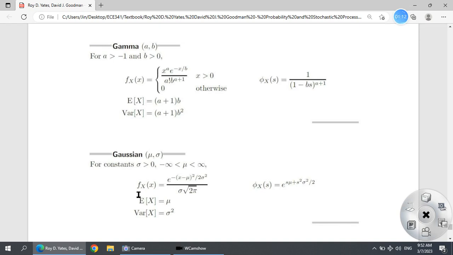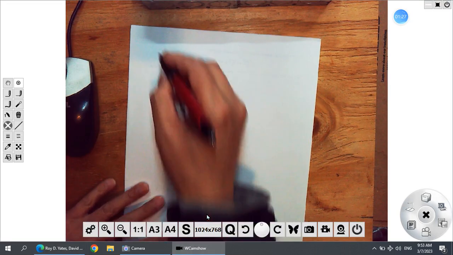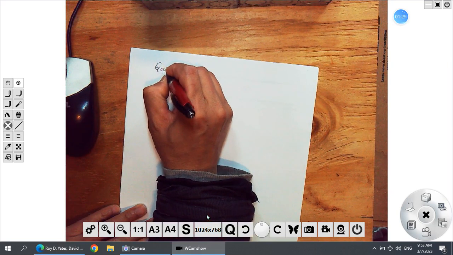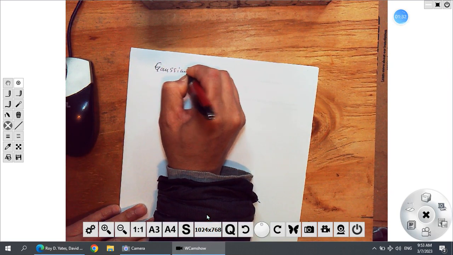This is a continuous type random variable. The x can take value from negative to positive infinity, and this is a PDF. We can have a look at what the graph of this one is. See the Gaussian, right?